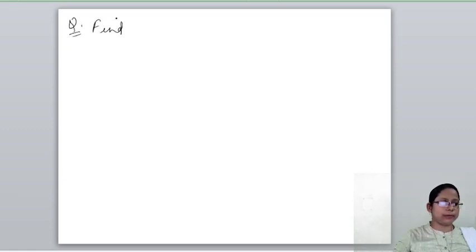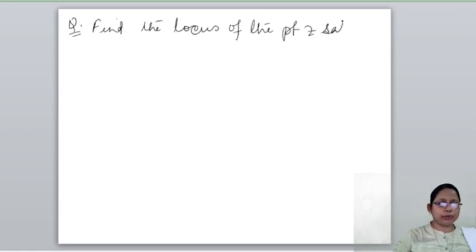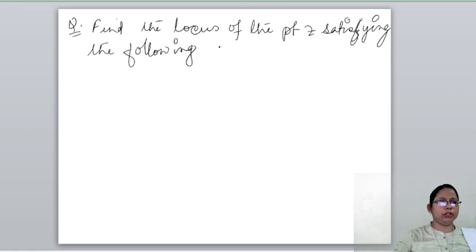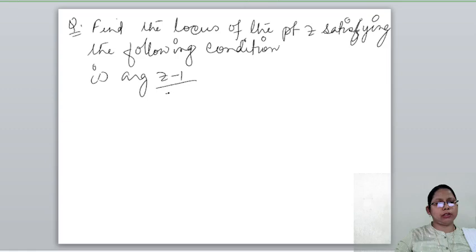Find the locus of the point z satisfying the following condition. Number 1: arg of (z minus 1) by (z plus 1) is equal to pi by 3.